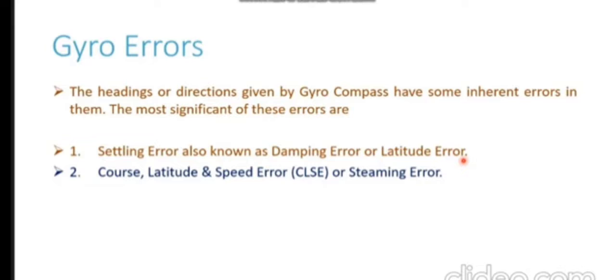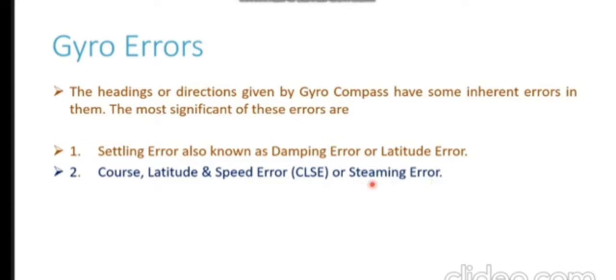The second most significant error of the gyro compass is the course, latitude and speed error, in short known as CLSE, C for the course, L for the latitude, S for the speed, E for error, and it is also known as steaming error.